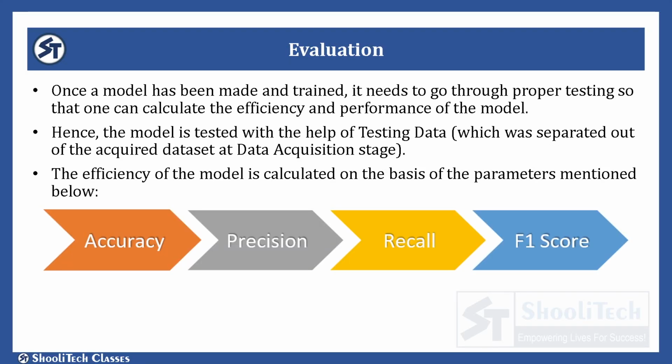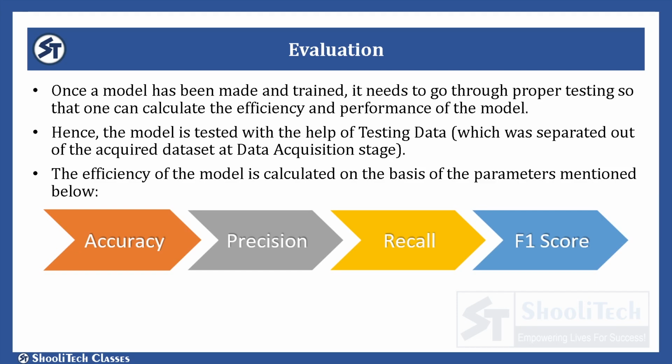Now, once we have created an AI model and trained it using training data, then comes the most important stage of the AI project cycle, the evaluation stage. In this stage, we test the working of our model. For testing the model, we use testing data. During data acquisition, we collect a lot of data, and out of that data, we use some for testing purposes.